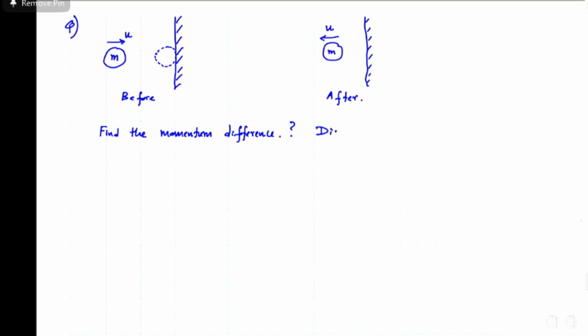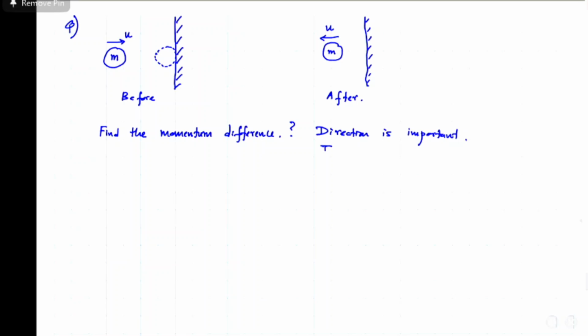Okay. Direction is important, right? Now, direction is important means what? That will tell you a big thing actually. What is that? Momentum has a direction. So momentum is a vector.